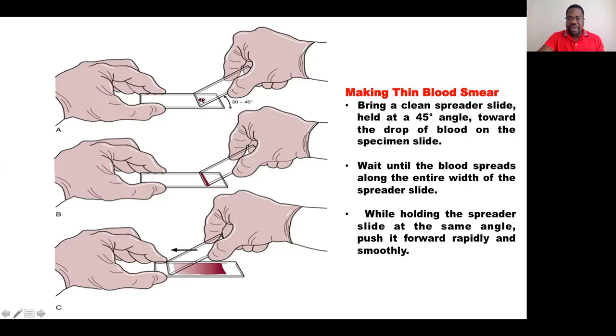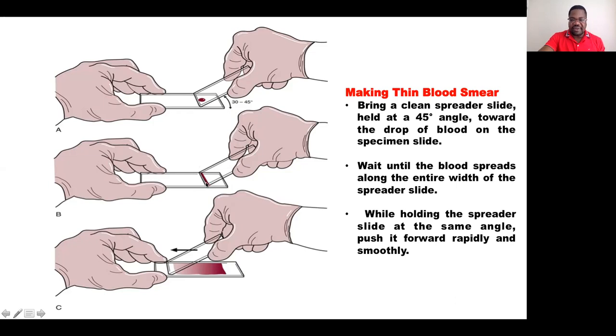You hold that slide at a 45-degree angle toward the drop of blood on the specimen. You hold it there, then you allow the blood to spread along the entire width of the spreader slide, okay?